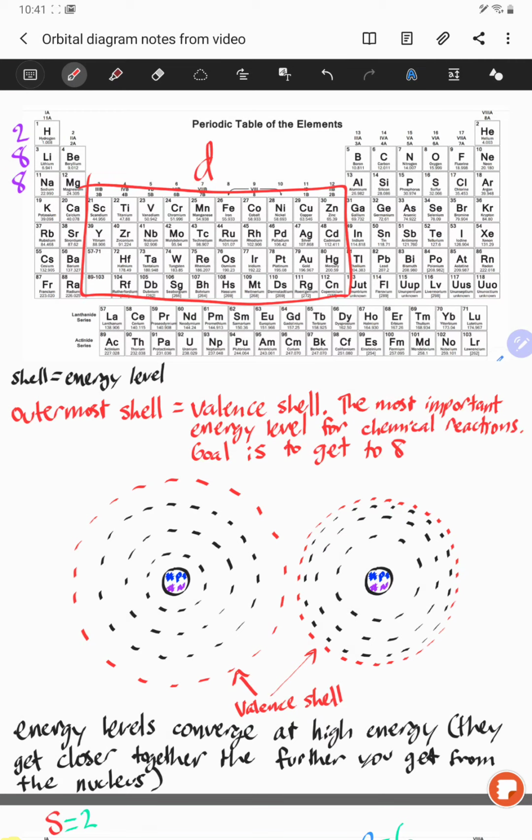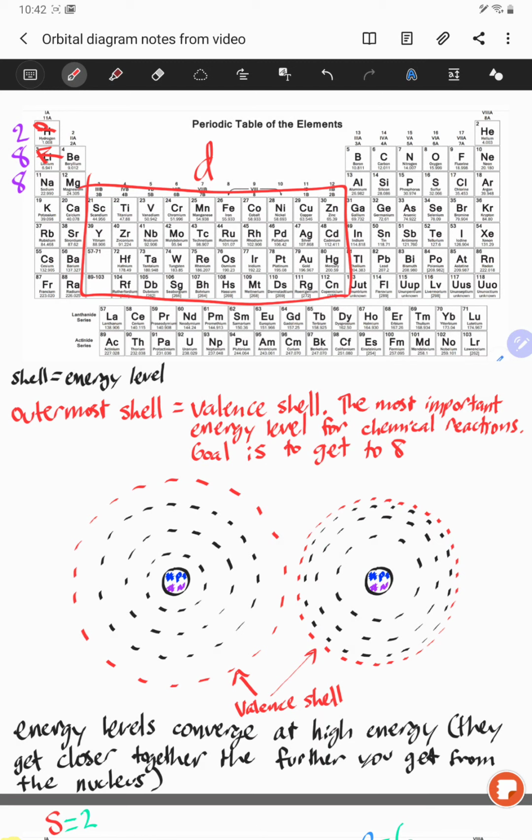The d orbital is going to change the number of possible electrons inside of the electron shells, to where the first shell is still only going to hold 2. The second shell will hold 8, but the third shell can actually hold more than 8.